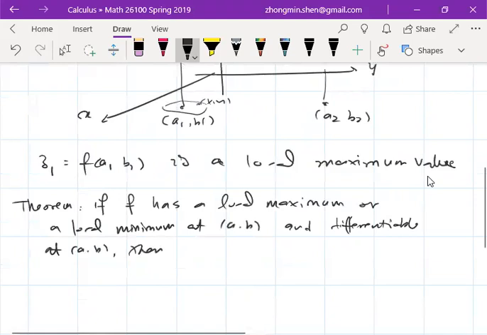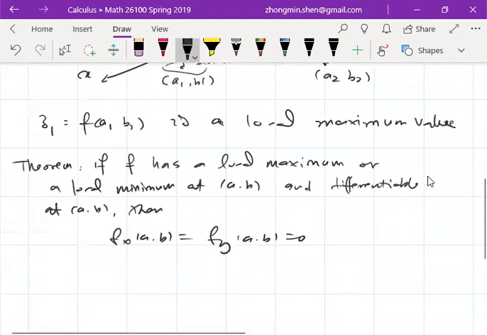Okay, then the partial derivatives must be equal to 0. And this is just a candidate for the point at which the function has a local maximum or local minimum, but it does not guarantee it always. Okay, so we will have an example, just like if you recall the results in Math 165 on this topic in one variable.